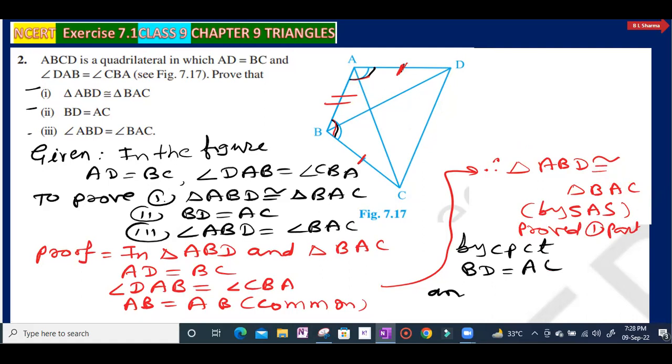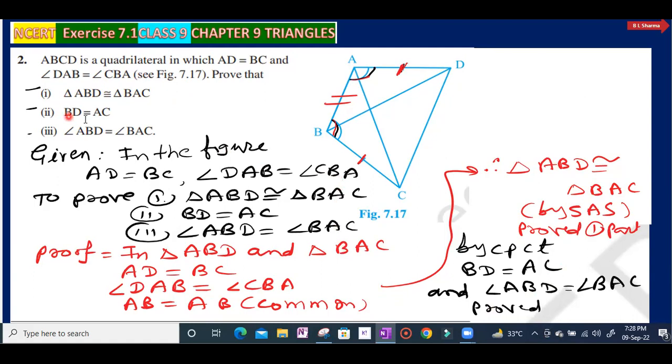And also by CPCT, angle ABD, first, second, third, that will be first, second, third, that will be angle BAC. And this is proved both the parts, second part and third part.